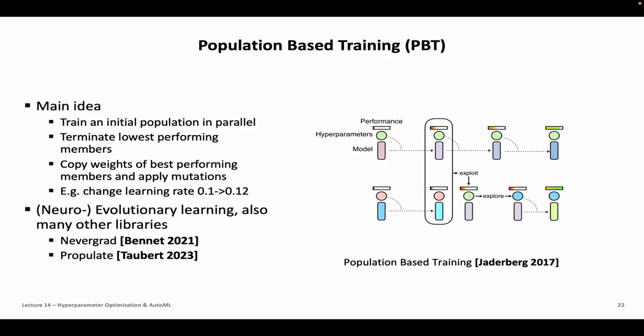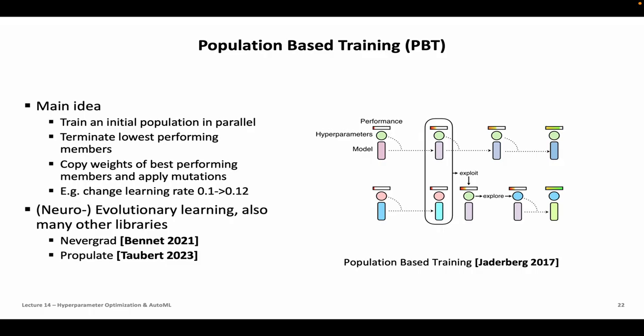And this is where population-based training, originally introduced by Google DeepMind, can help. Here we start out with an initial population of trials, which is then trained for a certain amount of time. Then again, we measure the relative performance of the trials, compare them to each other, and the worst half of the trials is terminated.